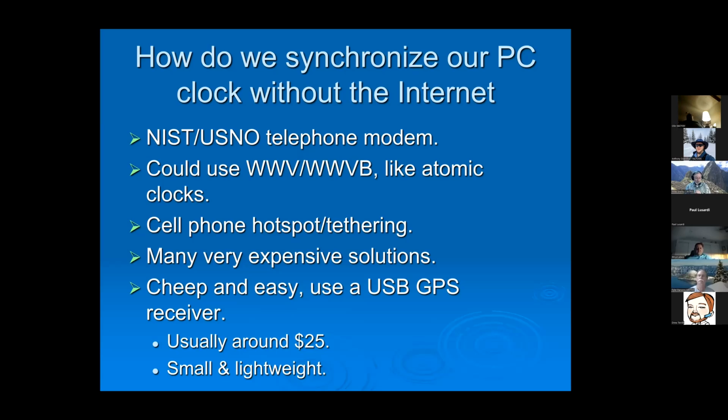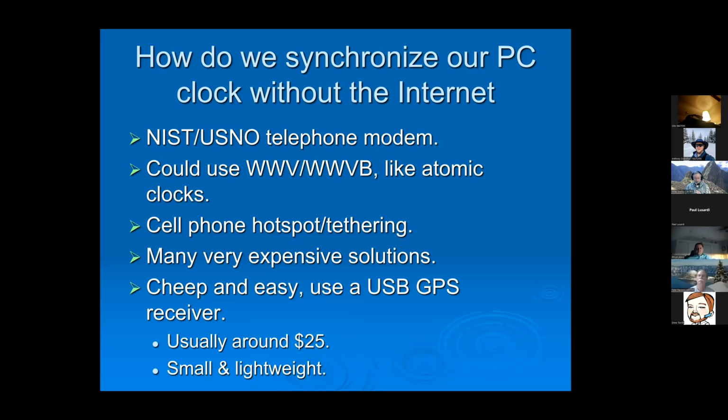Okay, so moving on, let's talk about a cheap way of getting internet, or not internet connectivity, but some way of providing time synchronization to our PC so we can work these weak signal modes. A cheap and easy way is using a good old USB GPS receiver.